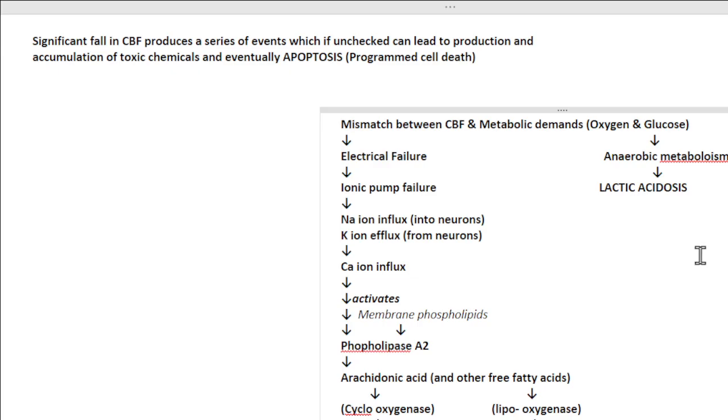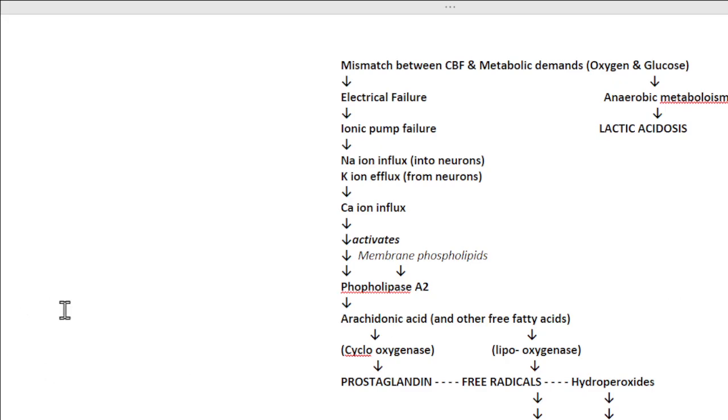environment is caused, right? And lactic acidosis will in turn cause neuronal damage. To understand that, in a quick review, which took a little more time, I'm really sorry. You can see there is a mismatch between CBF and metabolic demands, that is oxygen and glucose inside the cell.